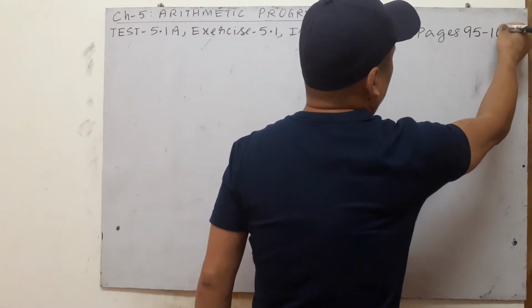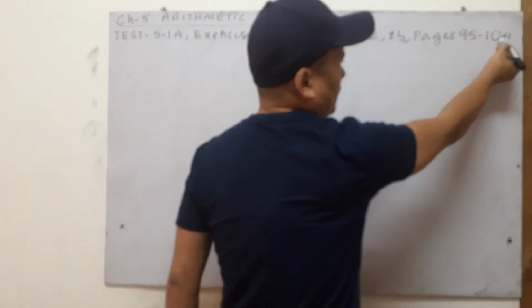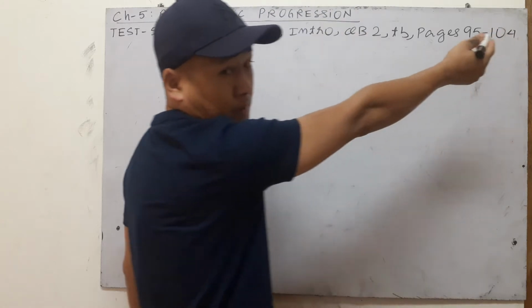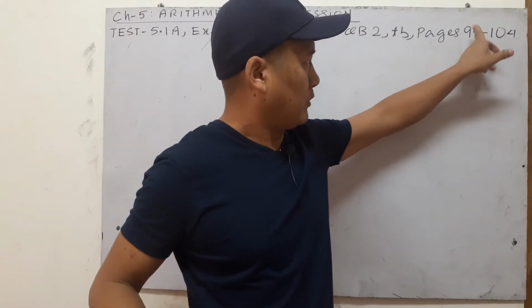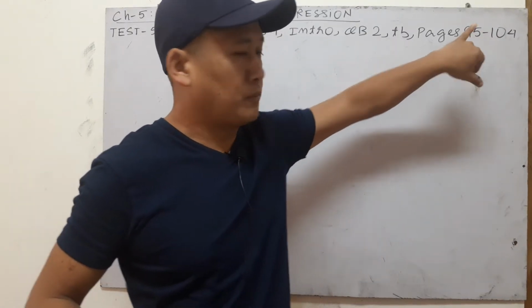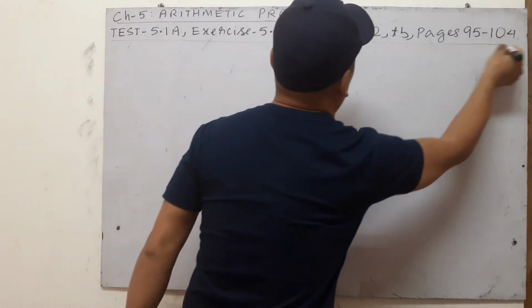This question we'll find on the last page, that is page 104, but I'm including from 95 because the introduction and the concept start from page 95. So write likewise along with me.